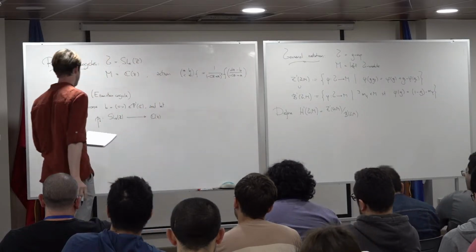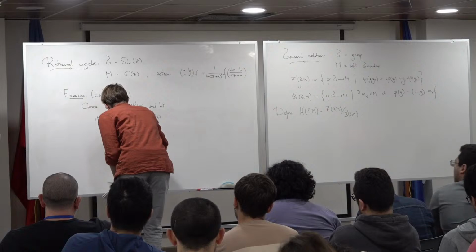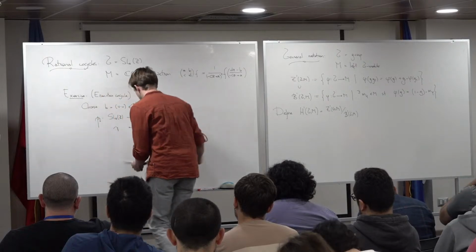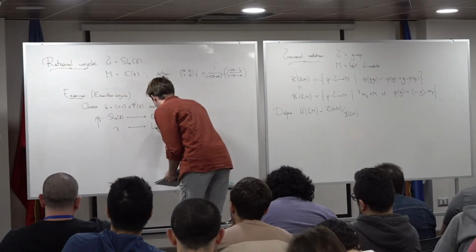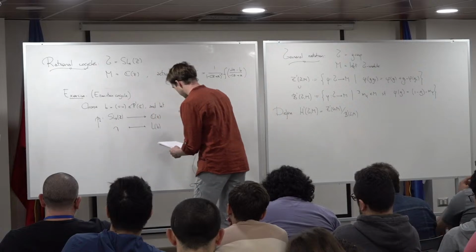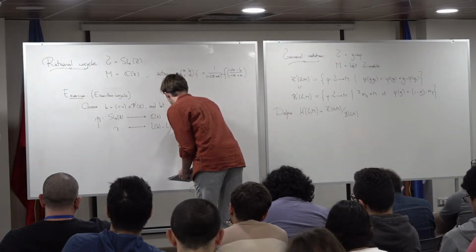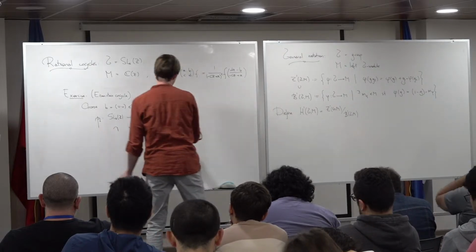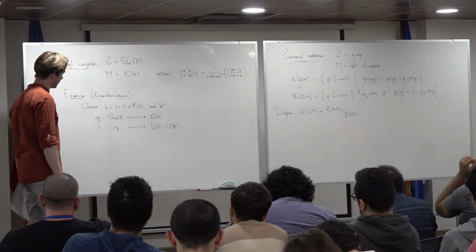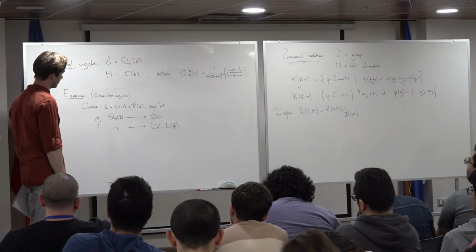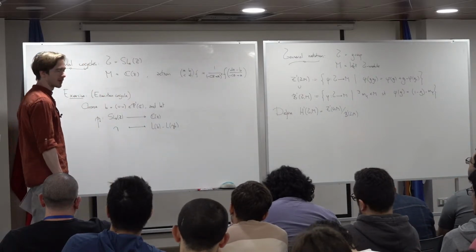And I'll tell you what this function is. I take a matrix gamma, and I send it to L(B), and I'll tell you what that means in a second, minus L(gamma B), where gamma just acts on B in the usual way. So it's a 2 by 2 matrix acting on a column.